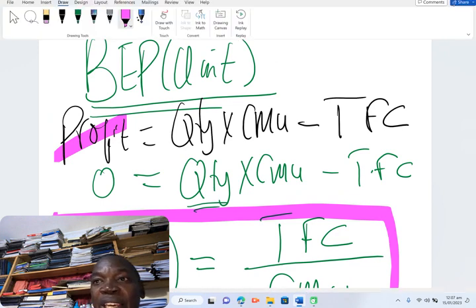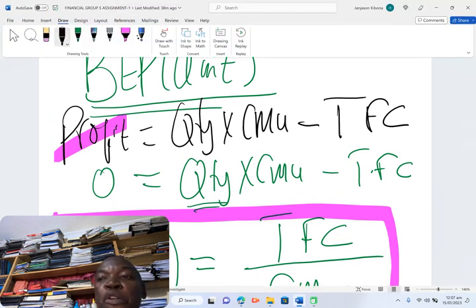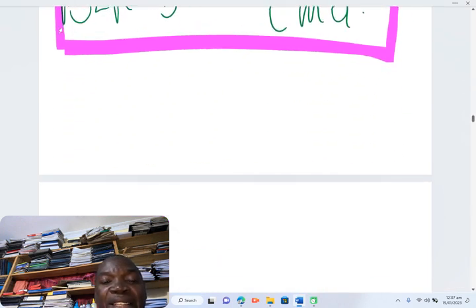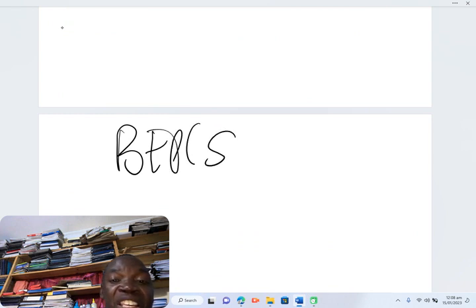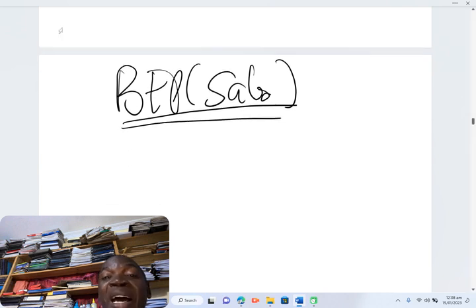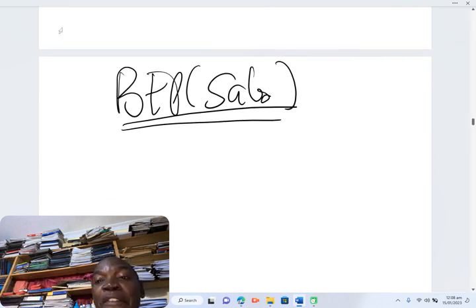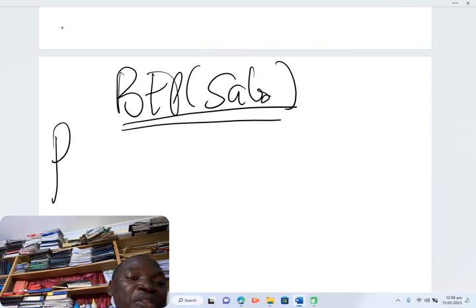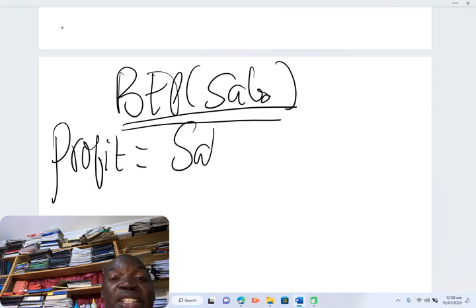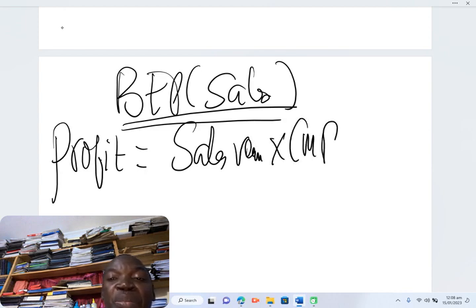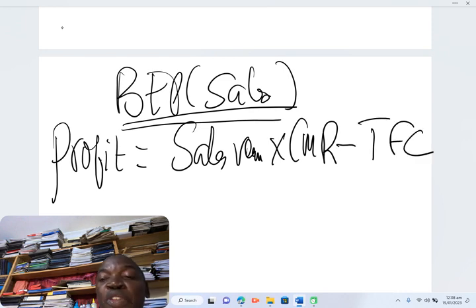So this is the break-even point in units, from the unit basis. Again, if you want the formula for break-even point in sales, you write BEP in sales. So you take the formula for sales revenue basis, which says profit equals sales revenue multiplied by contribution margin ratio, or CM ratio, minus total fixed cost.